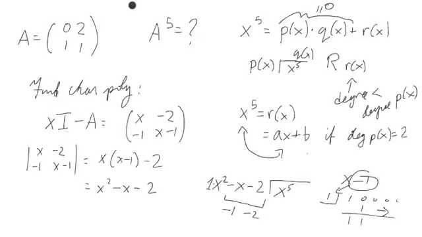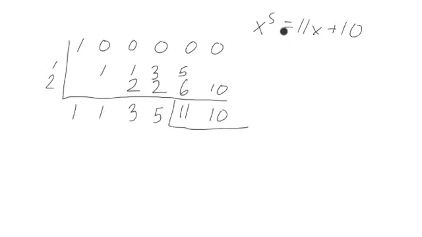So let's take a look and remember what our matrix is. It's 0, 2, 1, 1. So we have 0, 2, 1, 1. 11 times that matrix plus 10 times the identity matrix is our matrix raised to the fifth power.